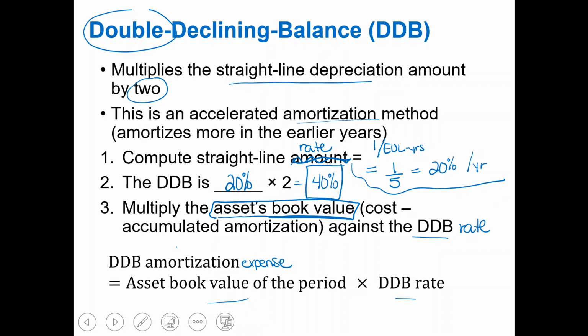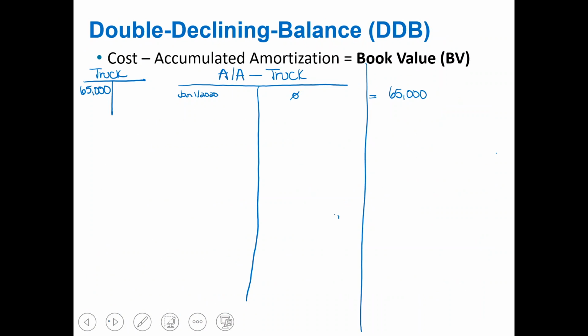Now, when we get to the end of the first year, December 31st, 2020, we need to calculate amortization. We take that book value and multiply it by our double declining rate, which is 40%. I'm just going to do my calculations on the right here. We multiply by 40%, or 0.4, and we get $26,000. So for year 1, that is the amortization that we will record.